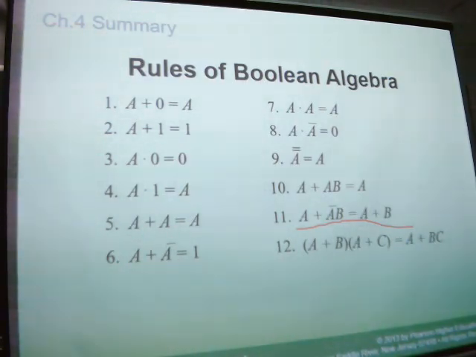Rule 12 is A or B and A or C equals A or BC. We must remember the three rules.